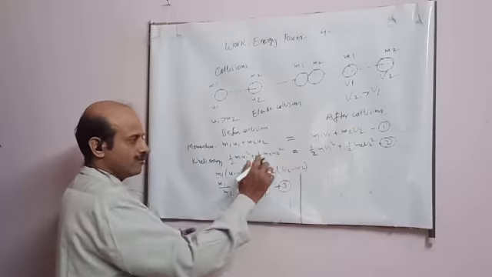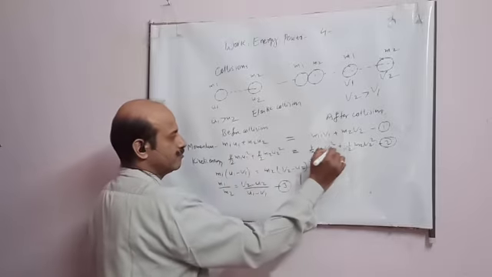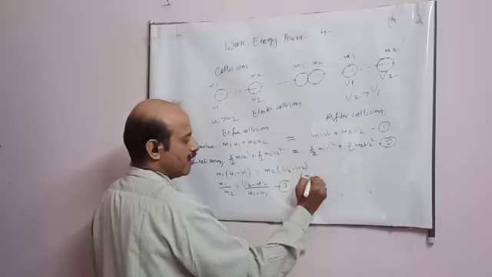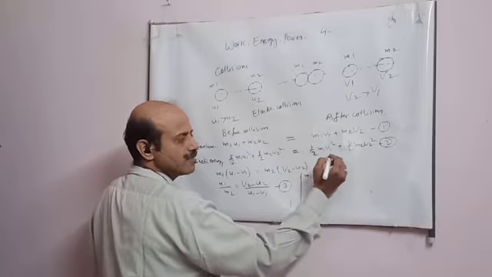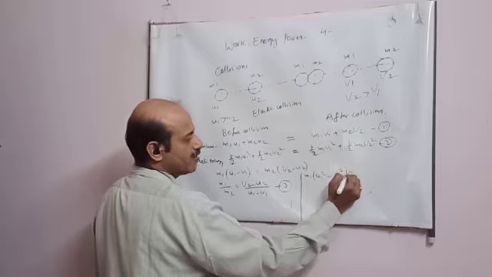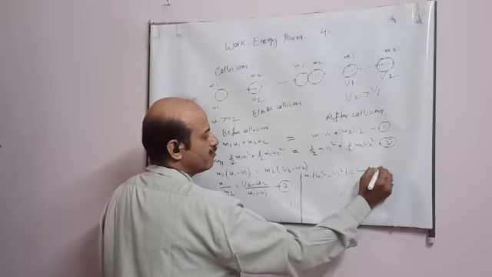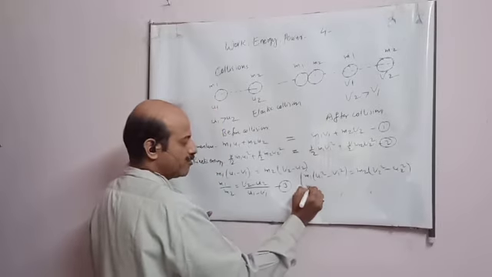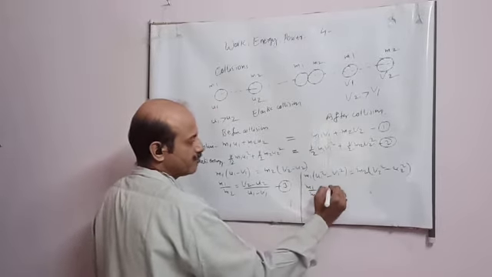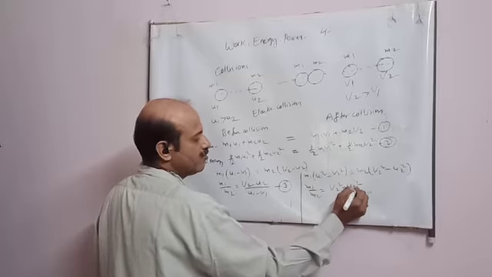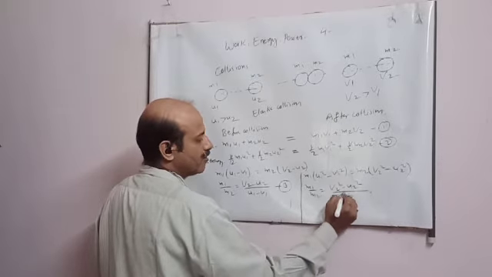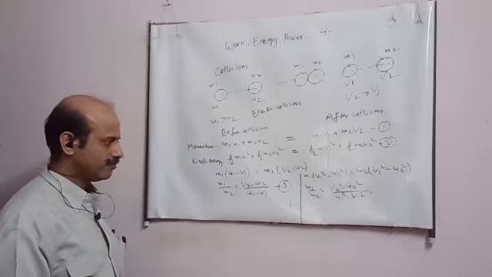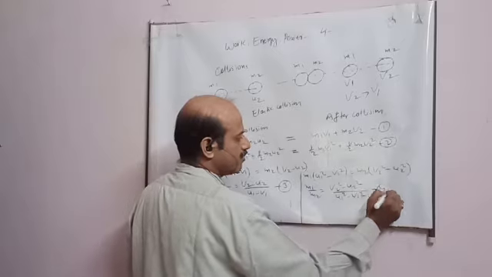Similarly, from the kinetic energy equation, the half will get cancelled and I will separate m1 and m2. Here I will get m1 (u1 square minus v1 square) is equal to m2 (v2 square minus u2 square). From here also, I will get m1 upon m2 as (v2 square minus u2 square) upon (u1 square minus v1 square). This is equation 4.